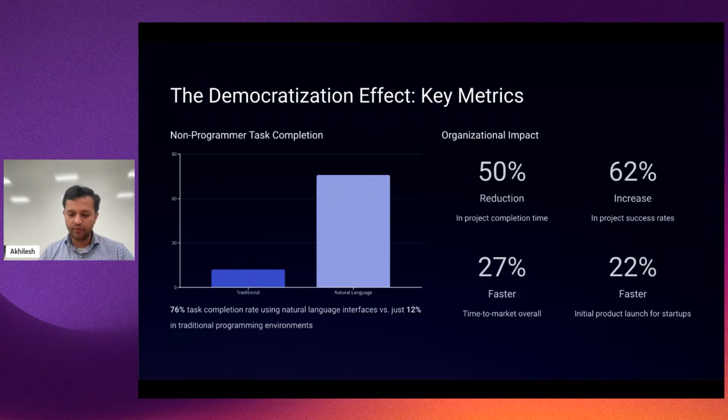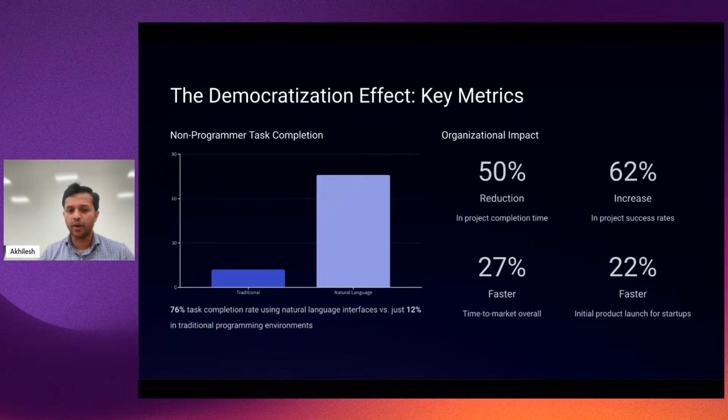I wanted to start with some key metrics that we had seen. If you look at the graph, in traditional programming, where you had to write all the code, only 12% of non-programmers were able to complete the task.